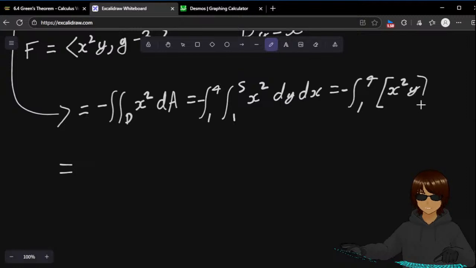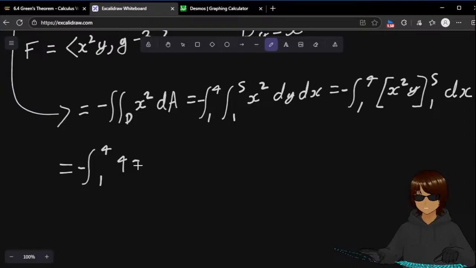Integrating x squared, y from 1 to 5, dx, this is 4 x squared dx with a minus sign.